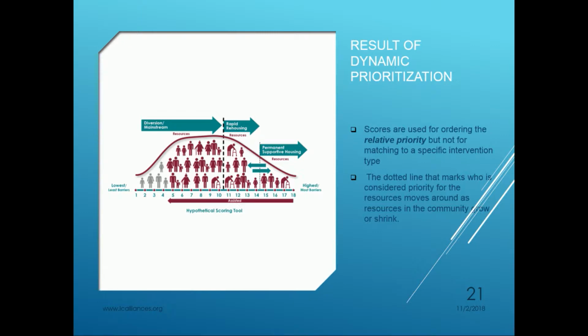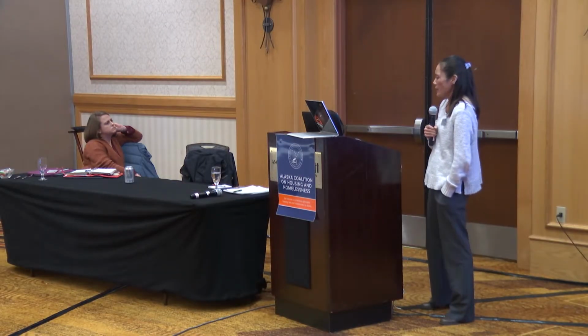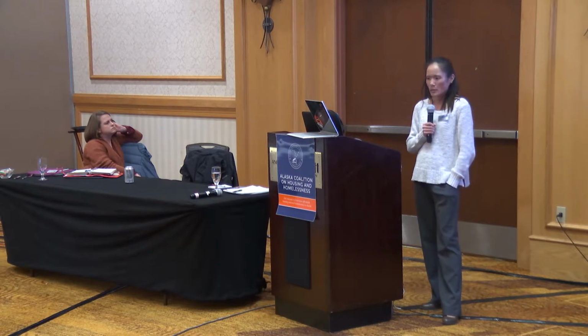So in this example, the resources available for PSH mean that if all the highest need households were successfully referred, we'd reach to somewhere in the 14 to 15 score range, based on that lovely dotted line there. That's not because household scoring in the 14 to 15 range can only be successful in PSH. It just means that their scores are associated with the approximate number of highest needs households in the community that the PSH resources available can serve.